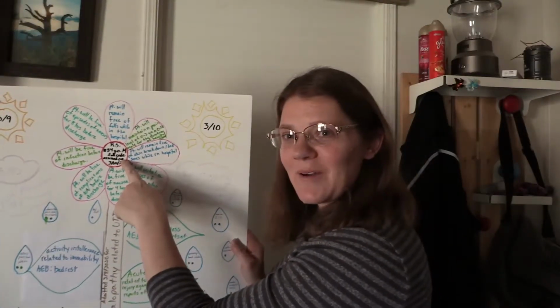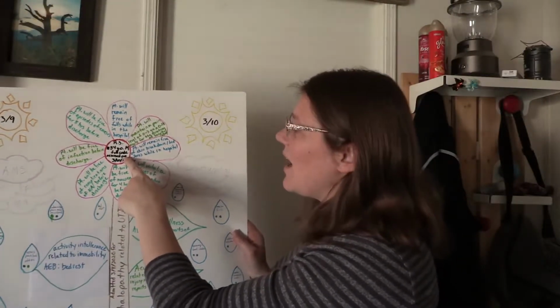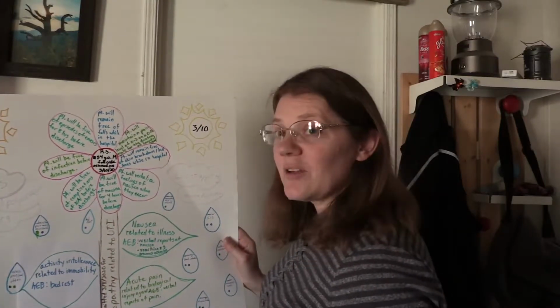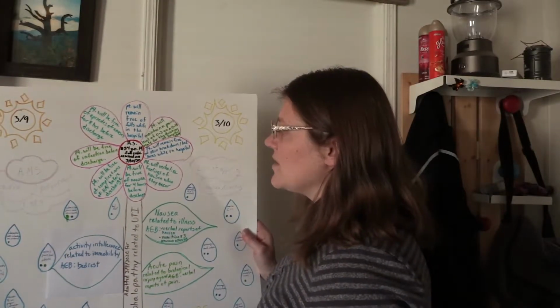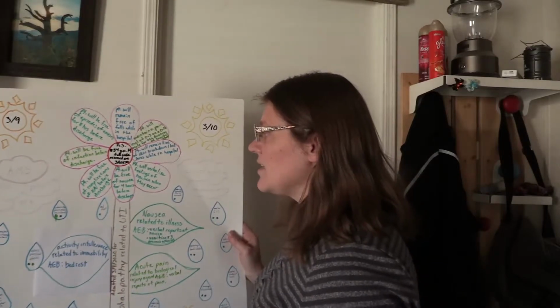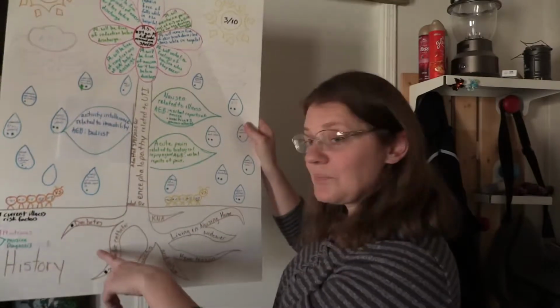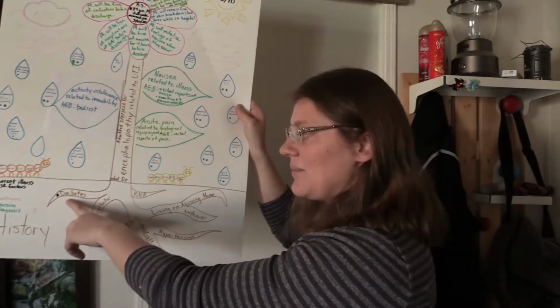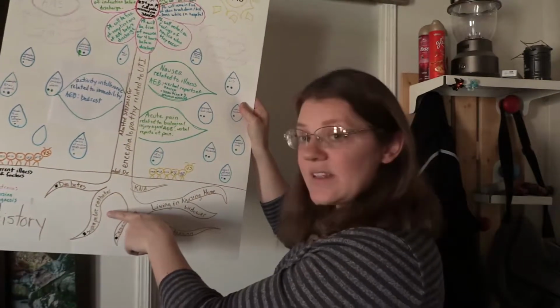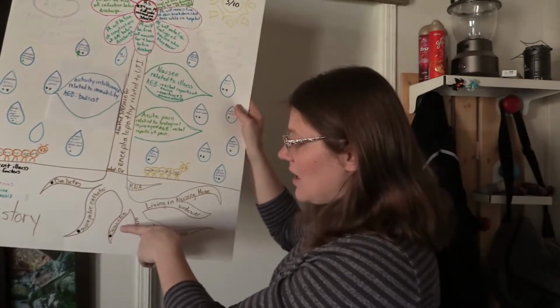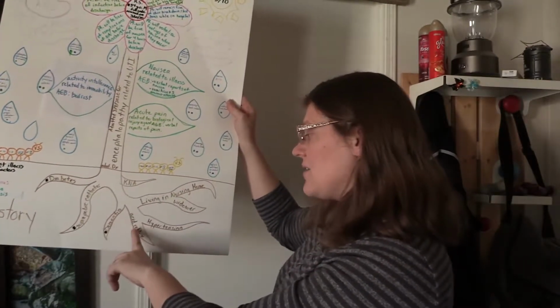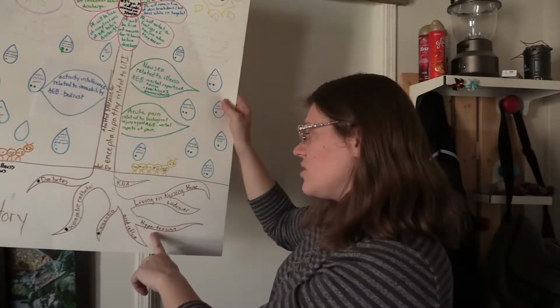The center of the flower is information about my patient. He is an 84-year-old male. He is a full code, and he was assessed on 3/10 of 2020. His history is he has diabetes, a suprapubic catheter, a history of dementia, acid reflux, and hypertension.